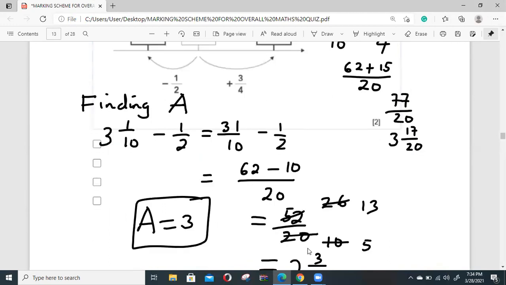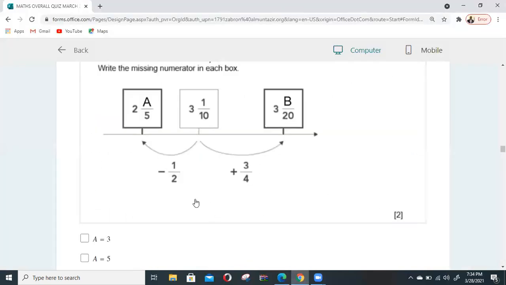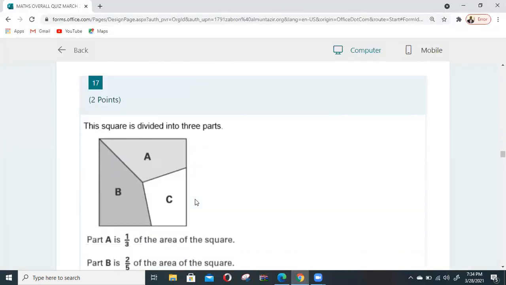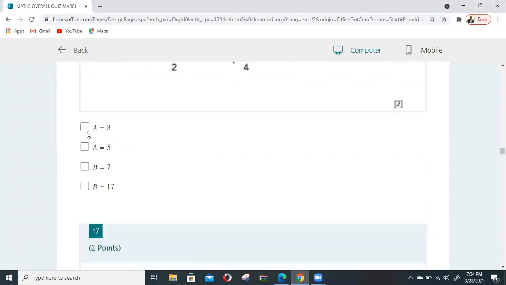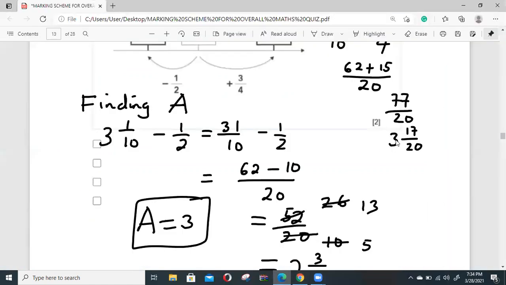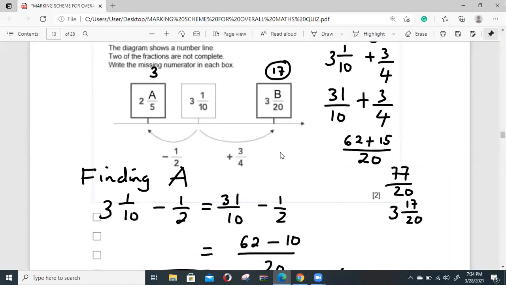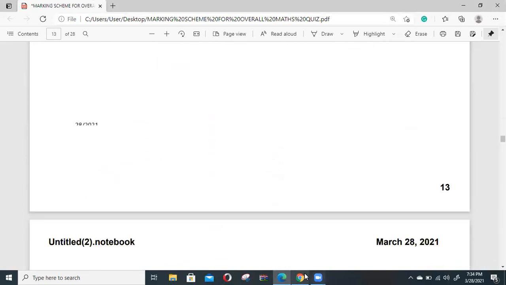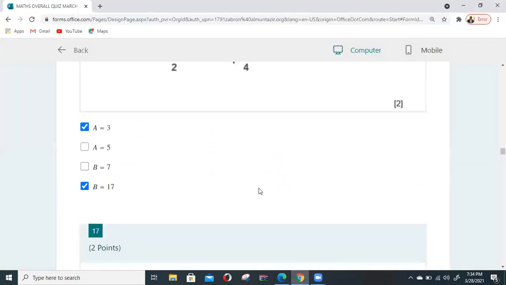So B is 17. So I'll go ahead choosing A, we got 3, B 17. Let me check again. A 3, B 17. Yes, I got it correct. So let me go ahead.